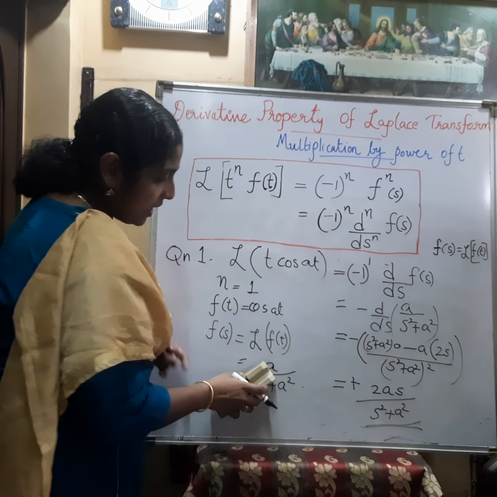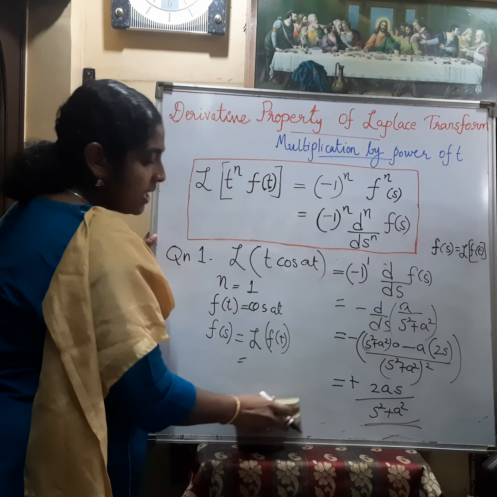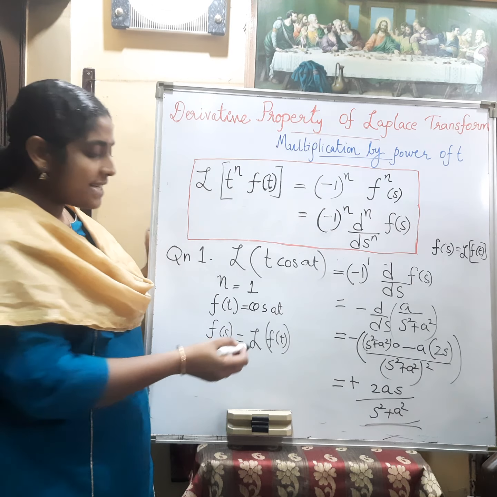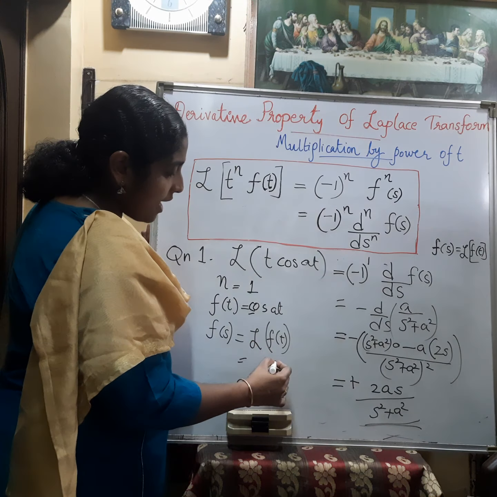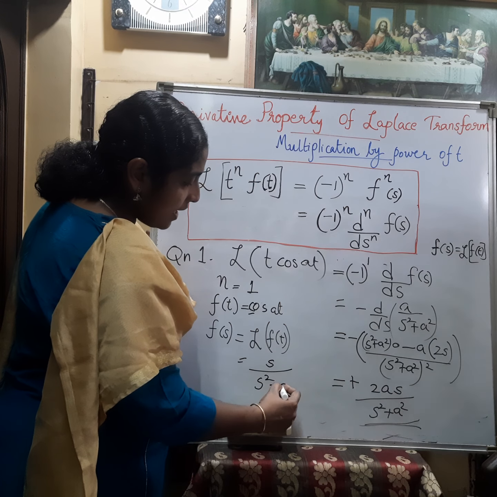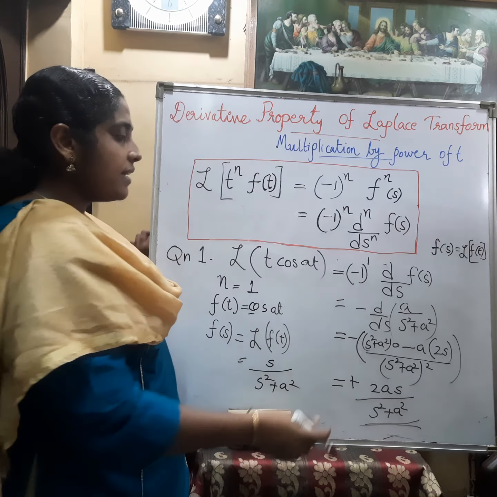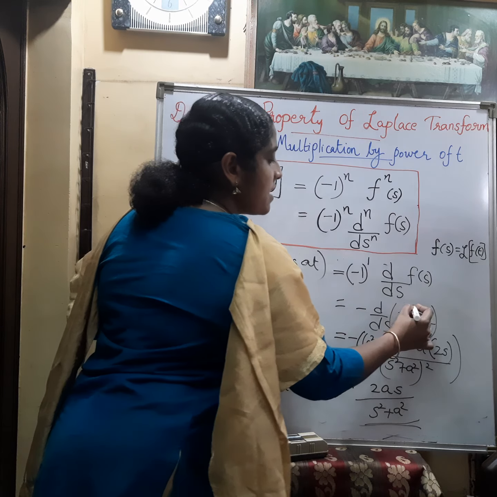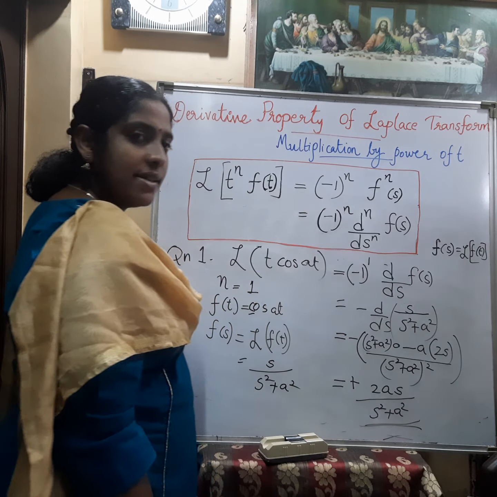So F(s) becomes the Laplace transform of cos at. What is the Laplace transform of cos at? It is s divided by s square plus a square. So the only thing is that this term a divided by s square plus a square is changing to s divided by s square plus a square.